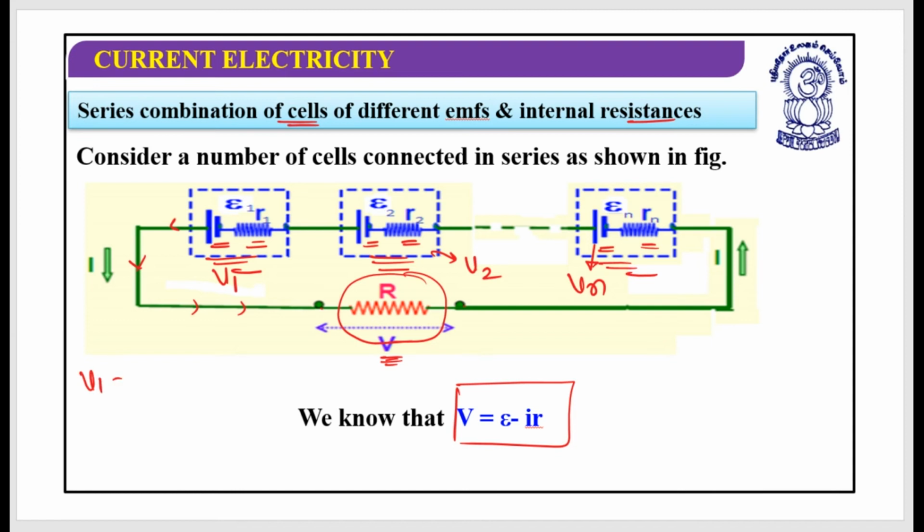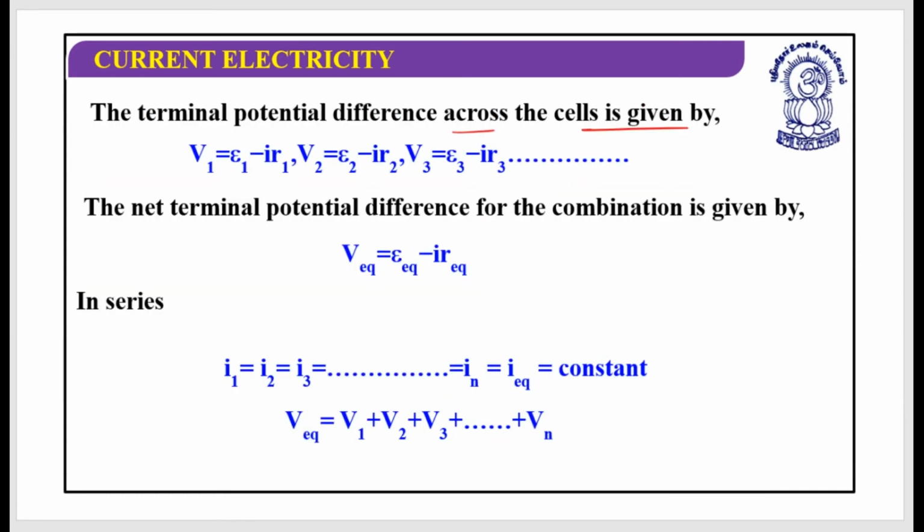According to the standard formula, V1 equals E1 minus I1 R1, and the same way Vn equals En minus In Rn. So V1 is E1 minus IR1, V2 is E2 minus IR2, and onwards.